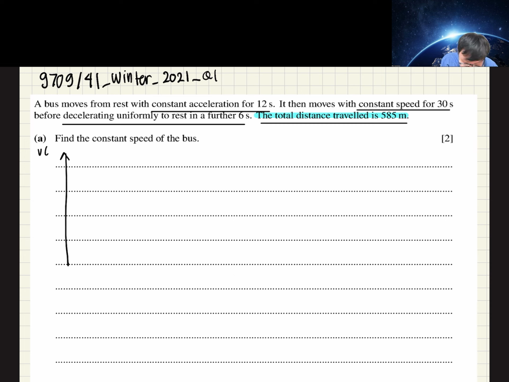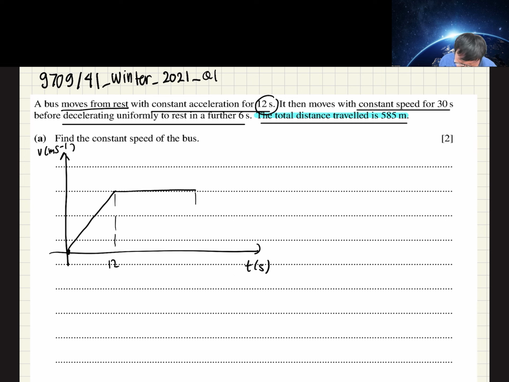So we can draw a velocity time graph. This is V, and this is time, and we just need to sketch it. A bus moves from rest, so from 0, accelerates for 12 seconds, and then moves at constant speed for 30 seconds, so from 12 to 42, and then decelerates in a further 6 seconds until rest, so it reaches 0 at 48.